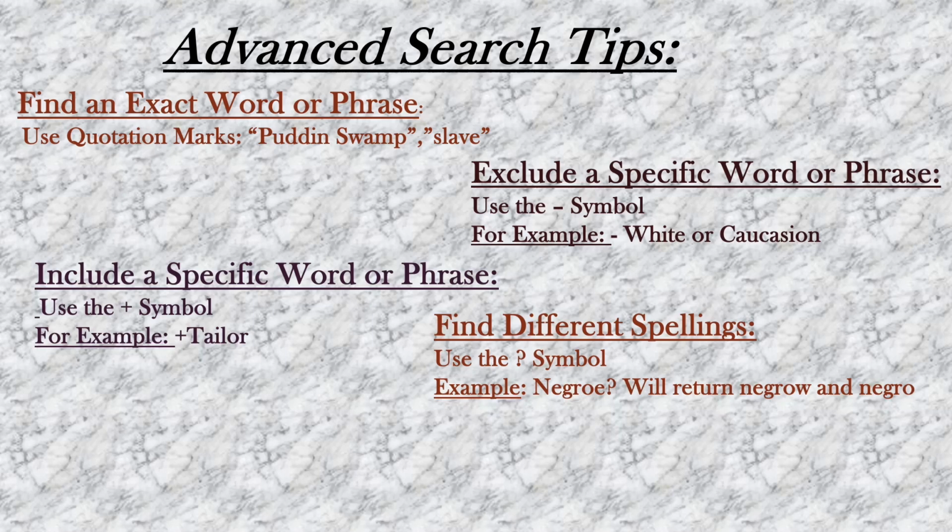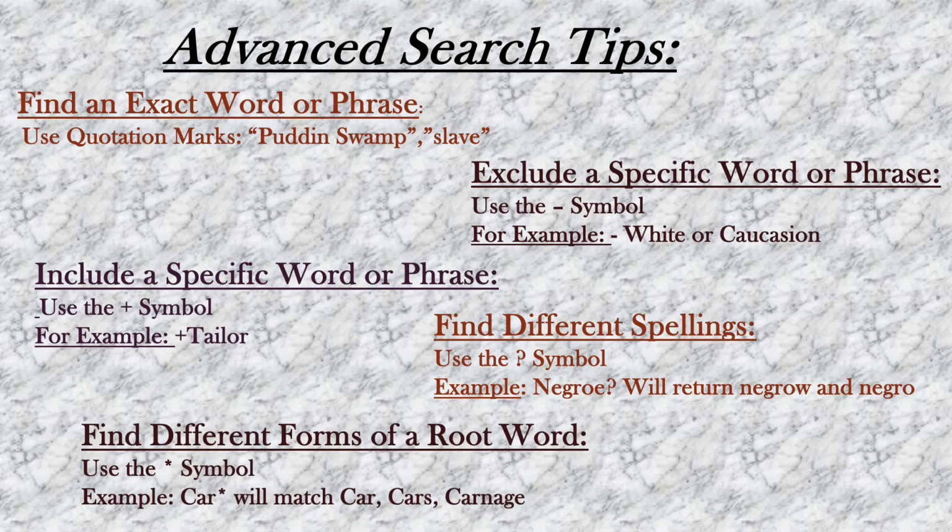With those three spellings, we get many different kinds of records that we wouldn't get if we didn't have all three spellings. Find different forms of the root word. Use the star symbol. Example, car. If you use a star symbol after that, you'll find matches with car, cars, and carnage.